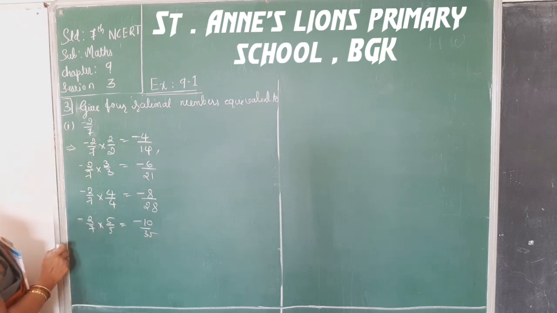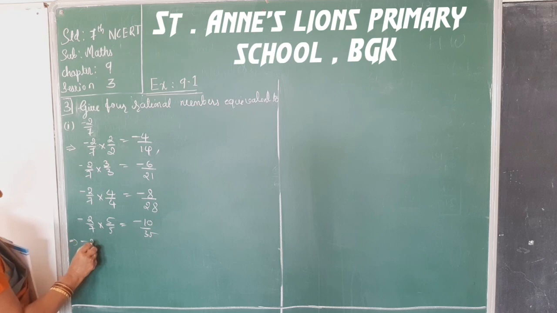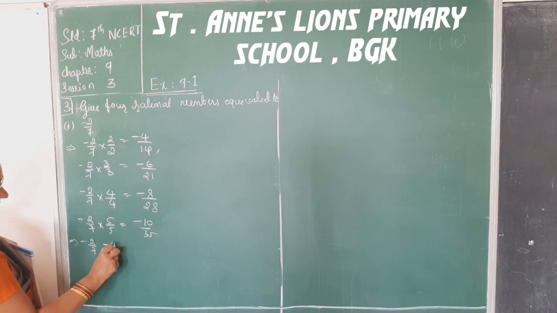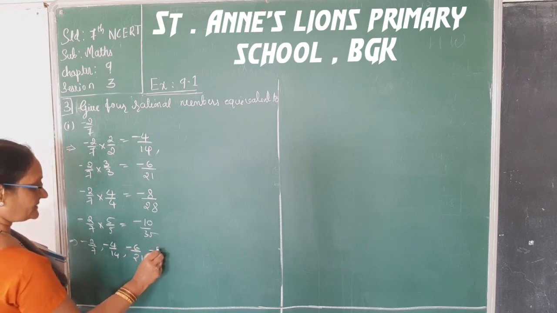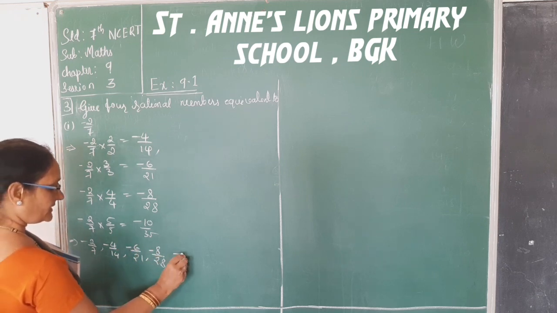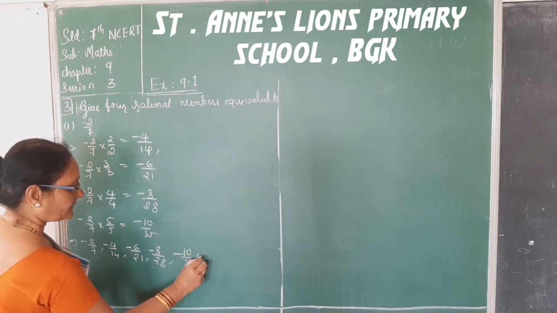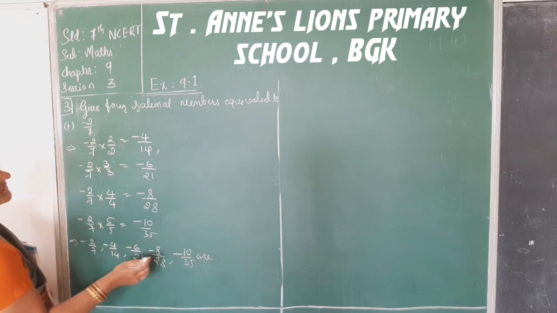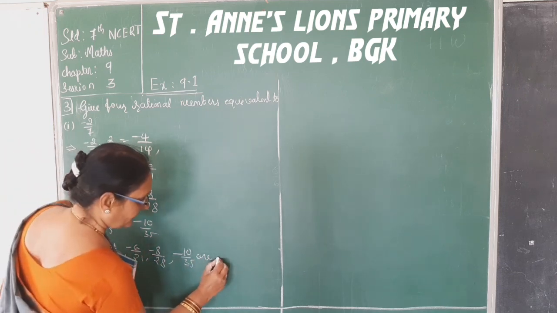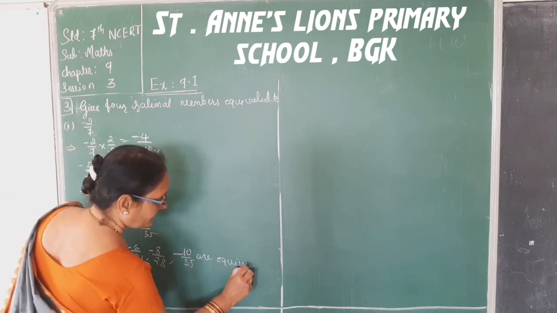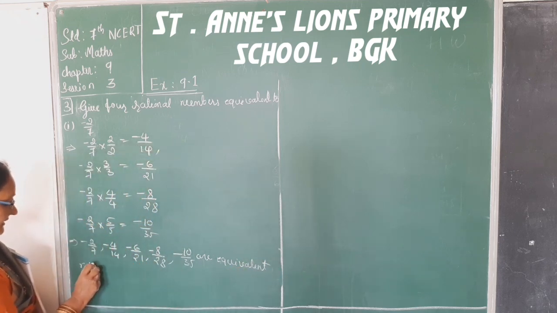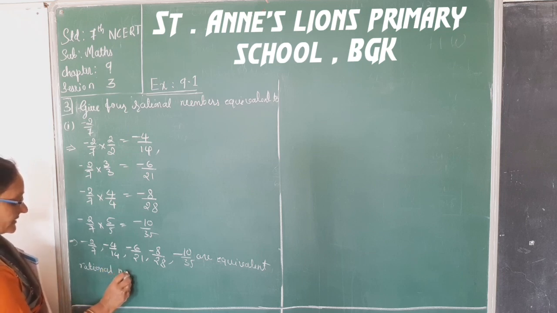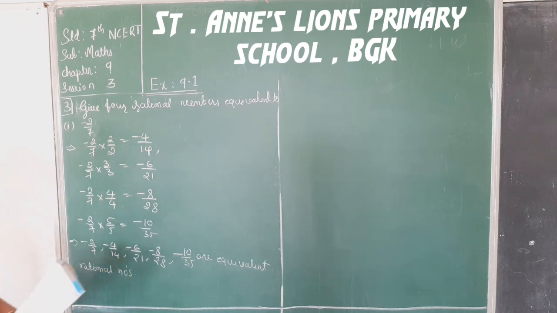So which are the equivalent fractions now? Minus 2 by 7, minus 4 by 14, minus 6 by 21, minus 8 by 28, minus 10 by 35 are equivalent rational numbers. Okay, this is the first one. The remaining two you have to do on your own.